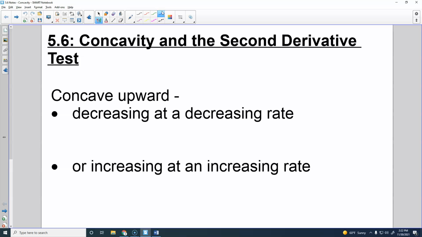All right. Okay. So, there are two ways that you can have something that's concave upward. It can be decreasing at a decreasing rate or increasing at an increasing rate. On your paper, preferably in pencil, I want you to try to draw a graph that is decreasing at a decreasing rate.